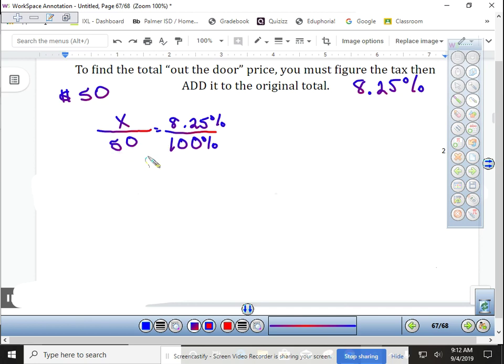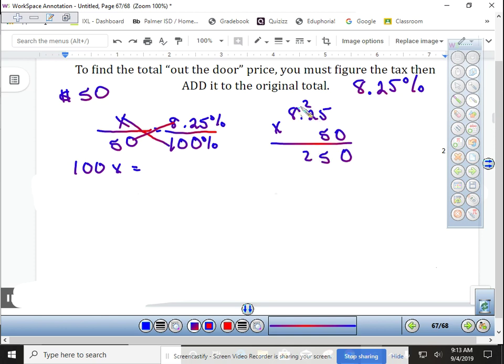Okay, remember here, so that is over of 8.25% of 50. Yes? And then yesterday we learned that we're gonna cross multiply. And we're gonna get 100x equals whatever 8.25 times 50 is. And I told you earlier, I'm not messing with zeros, right? Pancho told me that too, because he just said he multiplied it times 2.